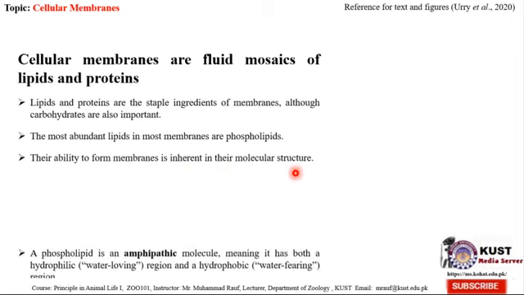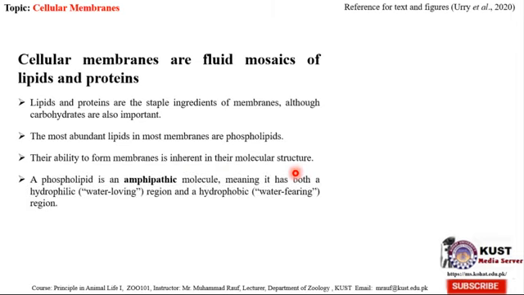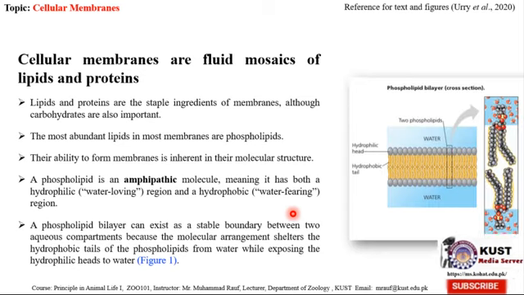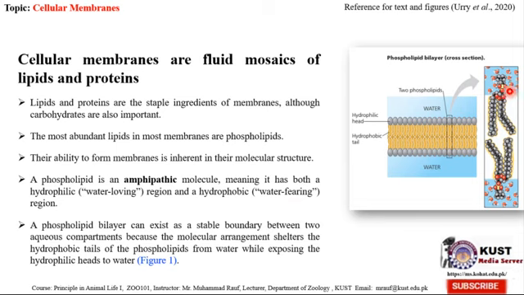The phospholipids are amphipathic molecules, that is, their two ends show different properties. The head region is hydrophilic and the tails are hydrophobic. So this portion is the head portion of the phospholipid and these are the tails.